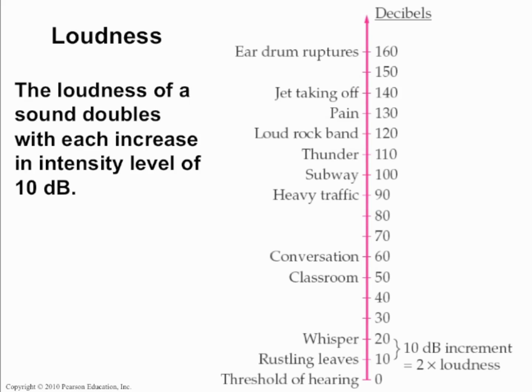All right, and then thunder would be twice as loud as the subway, and the rock band would be twice as loud as the thunder. That's just how logarithms work. A small change in a logarithmic scale equals a big change in a linear scale. Again, don't worry about all the math behind that if you haven't had it yet.